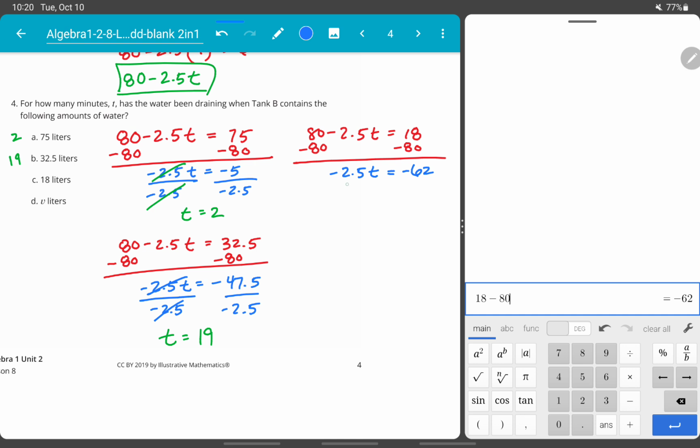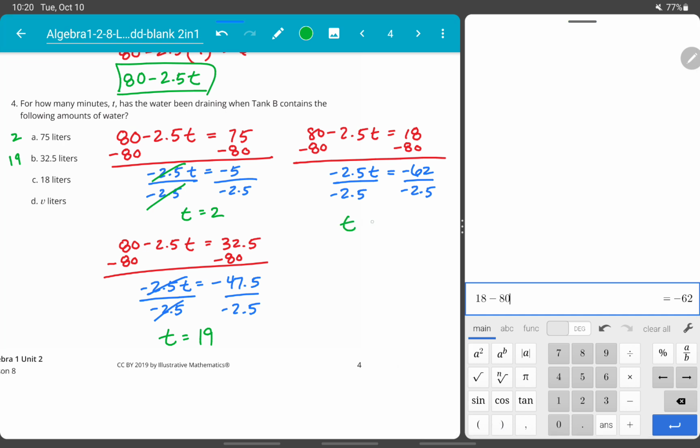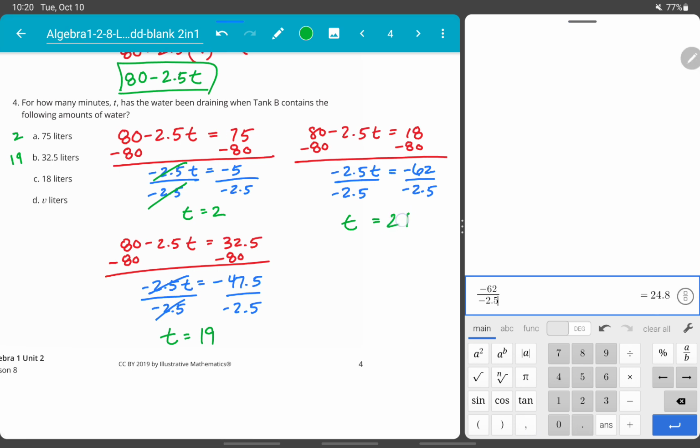And then let's divide both sides by negative 2.5. And then we're going to get T equals negative 62 on the top and negative 2.5 on the bottom to get 24.8.